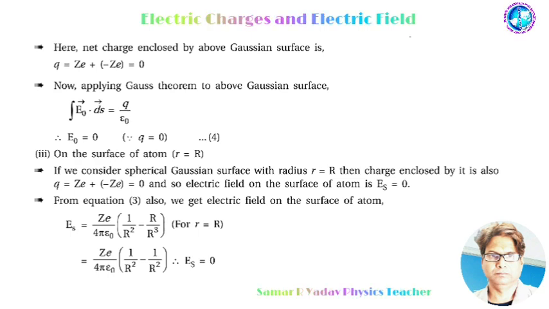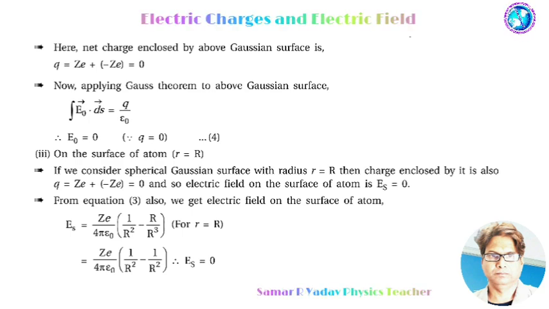Equation 4. Third, on the surface of the atom, r is equal to capital R. If we consider a spherical Gaussian surface with radius r is equal to capital R, then the charge enclosed by it is also q is equal to capital Ze plus in bracket minus capital Ze is equal to 0, and so the electric field on the surface of the atom is Es is equal to 0.